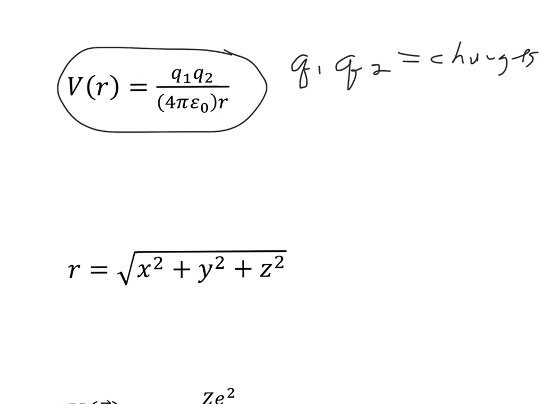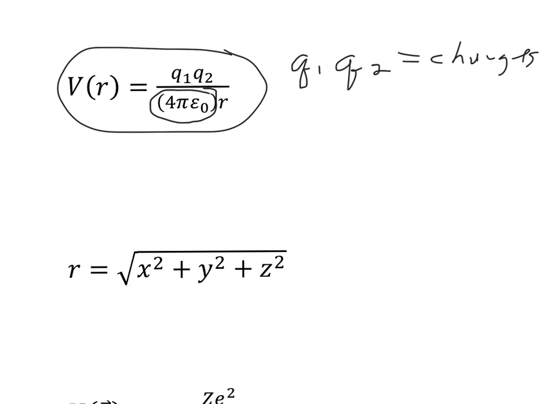They can be positive or negative, and expressed in standard SI units, there is this constant in the denominator called epsilon naught, the electrical constant, and 4 pi epsilon naught appears in the denominator here.